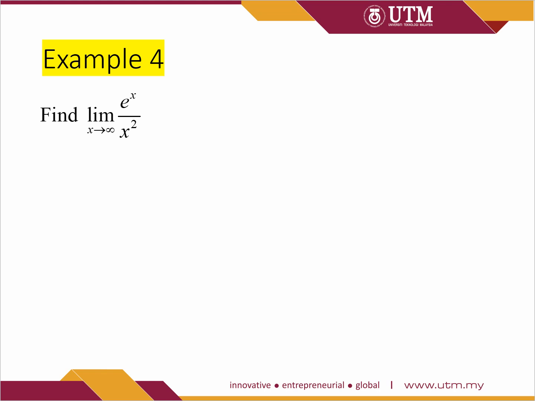Okay, now I try the last example, where this one would produce infinity over infinity. So I will apply L'Hopital's rule, given that when we solve this, it will become e to the power of x over 2x as x approaches infinity.